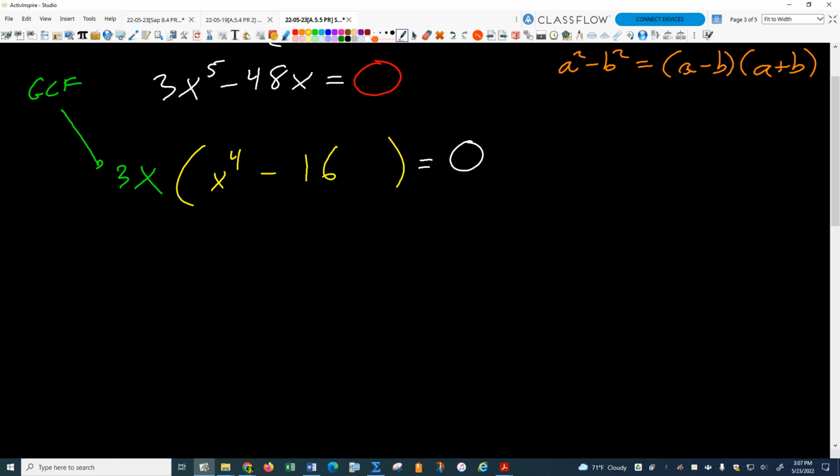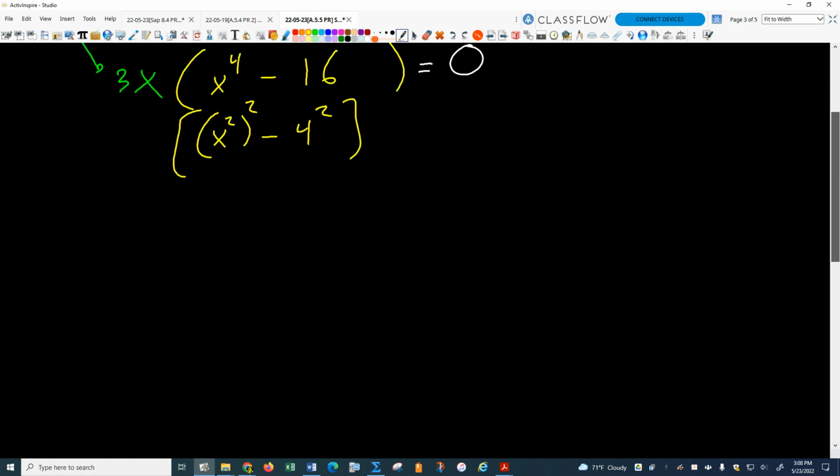What's being squared in the first term? X squared squared is x to the 4th, right? So we're going to think of that as x squared squared minus 4 squared. Okay, good. So there's our yellow factor written as a difference of squares.